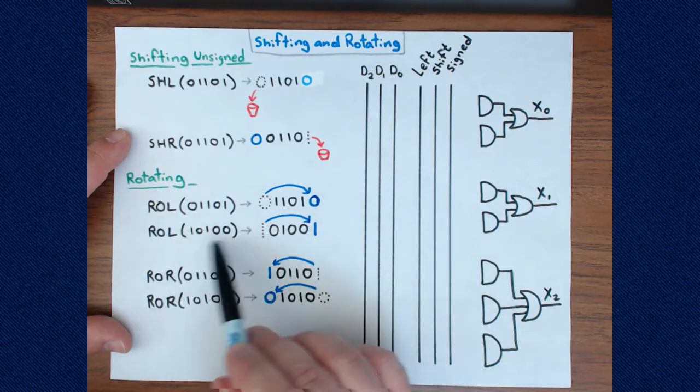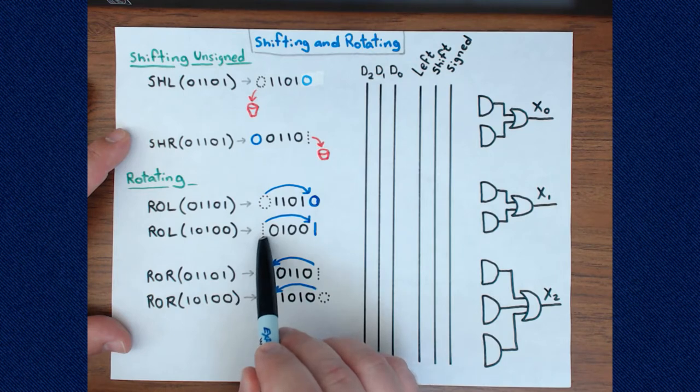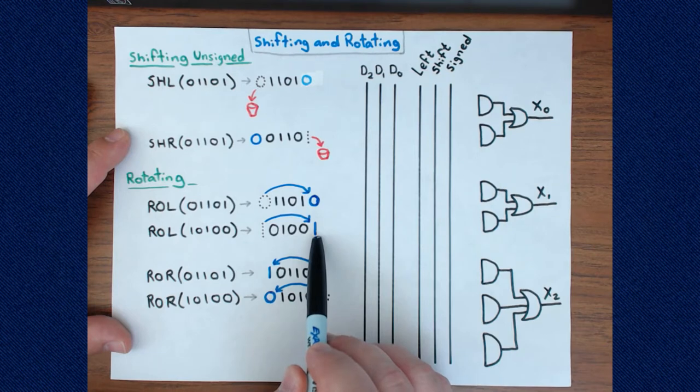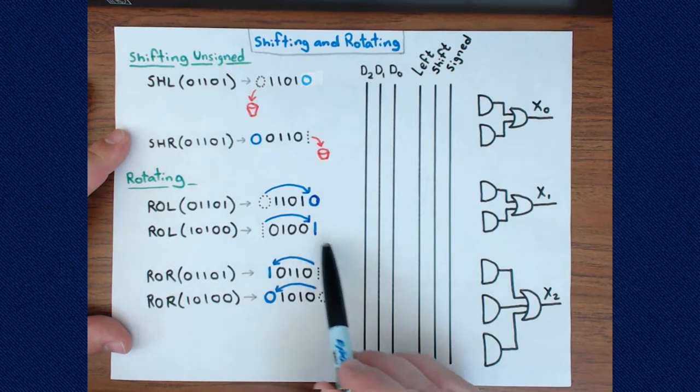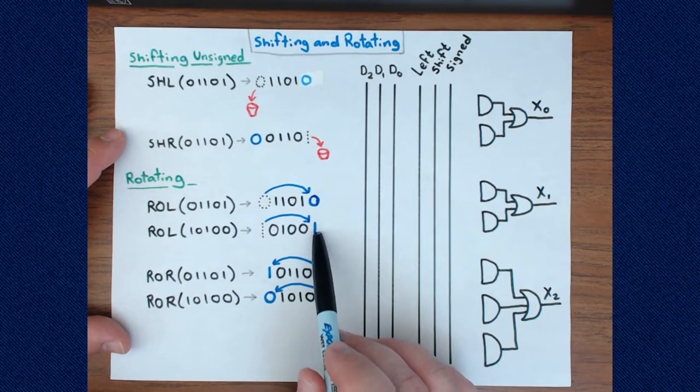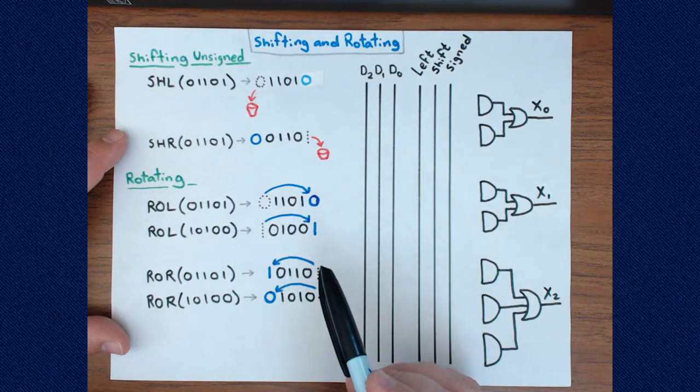This other bit pattern has a 1 in the high order bit, and when that 1 is rotated to the left, it falls off the end and fills in the vacuum with itself. So this vacuum on the right, when you're doing rotates, is going to be filled in with whatever the bit is on the other side.